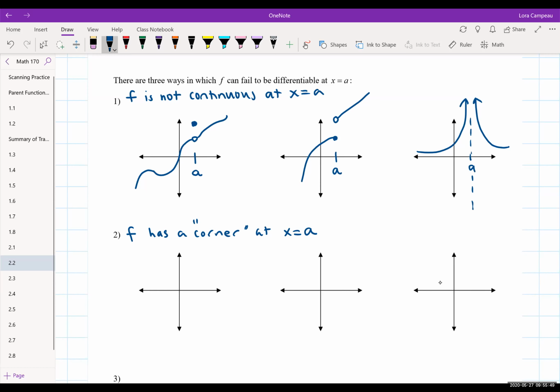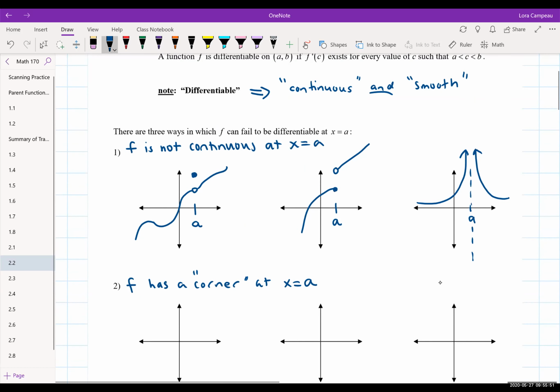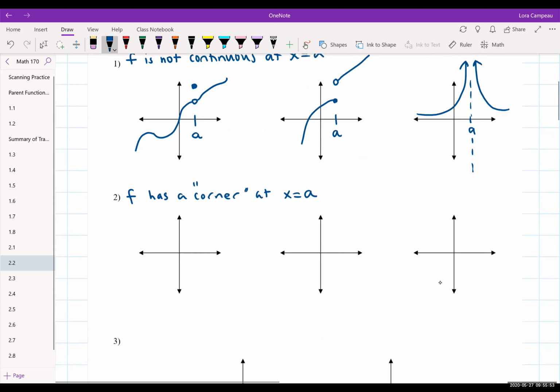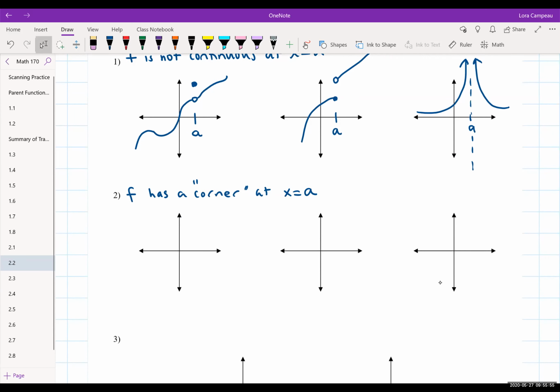And remember, if we're differentiable, we're supposed to be continuous and smooth. If you have a corner, it signifies an abrupt change. And if derivative is a rate of change, you can't just change right away from one speed to another. There's always a constant rate that you're taking.